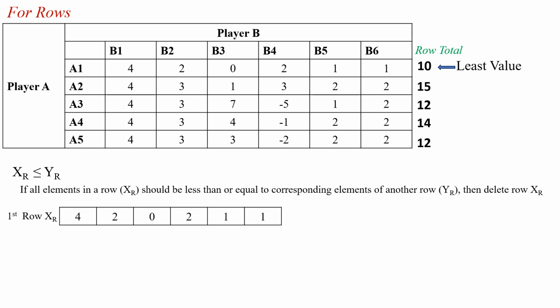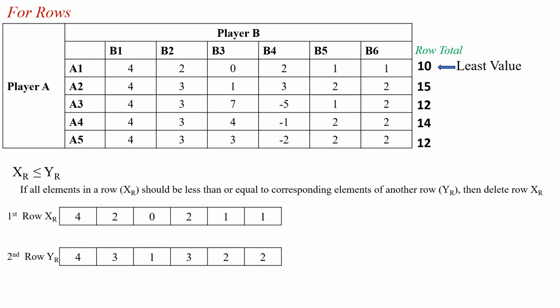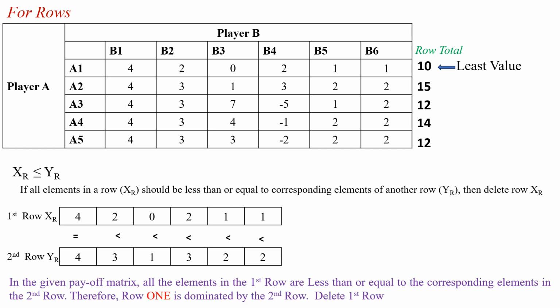The first row is compared with the row having the maximum row total, that is the second row. So now we have to compare each element of the first row with the corresponding elements of the second row. Here 4 equals 4, 2 is less than 3, 0 is less than 1, 2 is less than 3, 1 is less than 2 and 1 is less than 2.